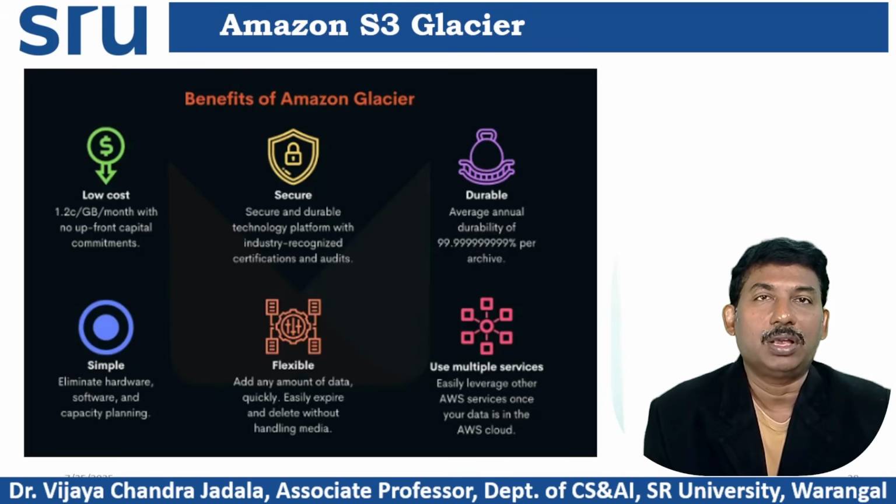Then comes data warehousing, where it can store a large quantity of data, and easily update, retrieve and store the data in AWS S3 Glacier. This is also one of the major benefits of S3 Glacier. So these are all the major benefits related to S3 Glacier.